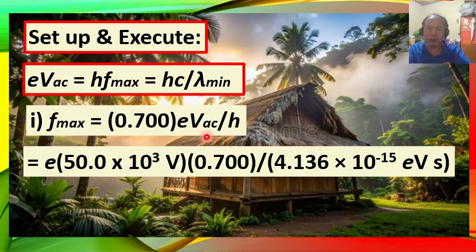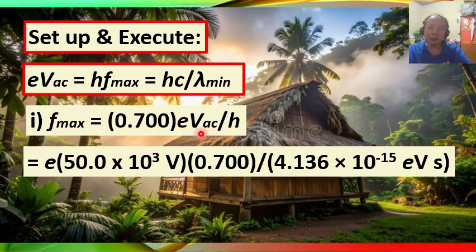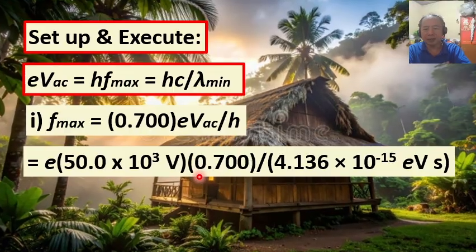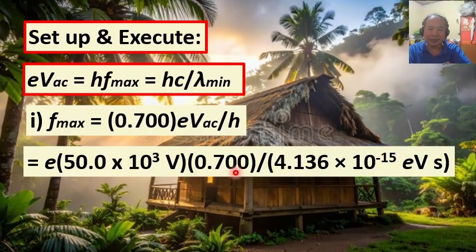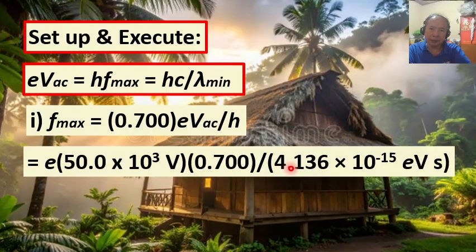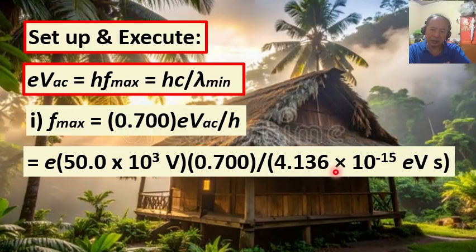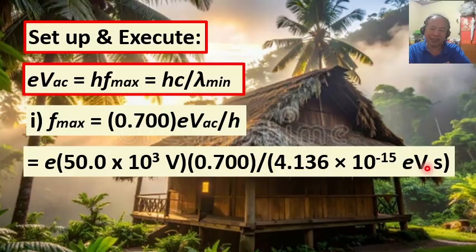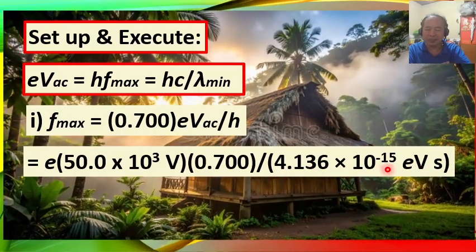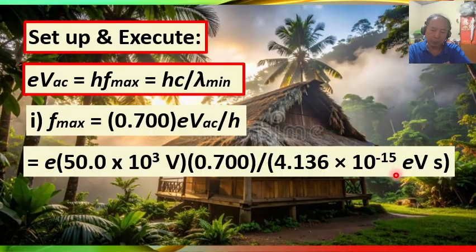That's the given accelerating voltage. Of course, 70% means 0.700, and then divided by the value of the Planck's constant expressed in electron volts second, 4.136 times 10 raised to the negative 15.